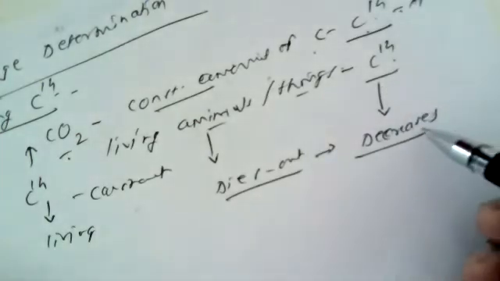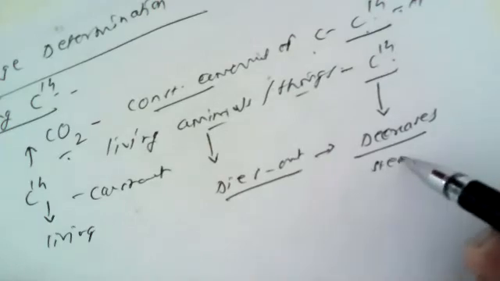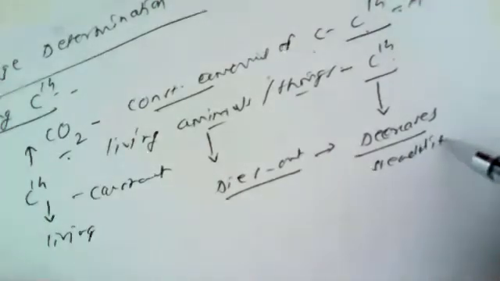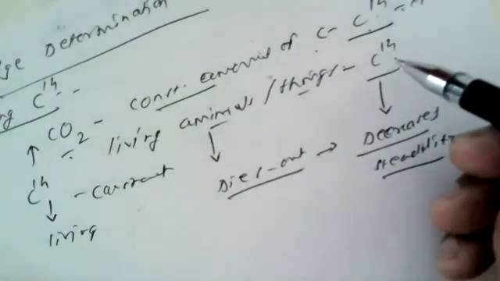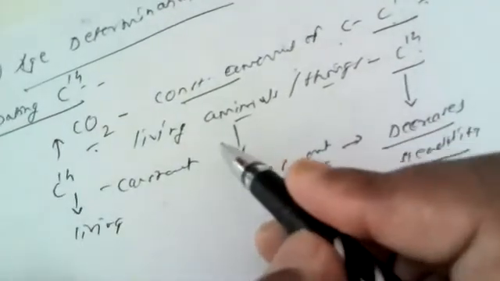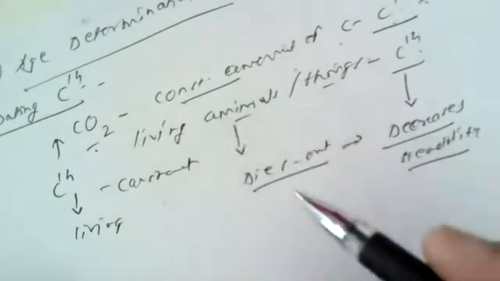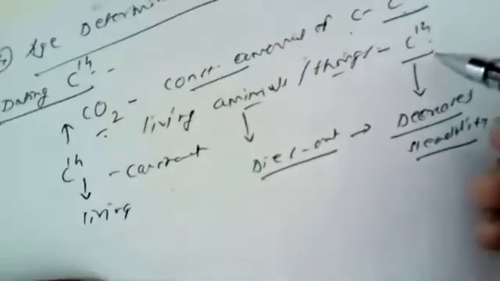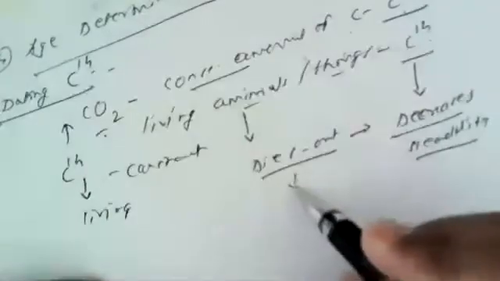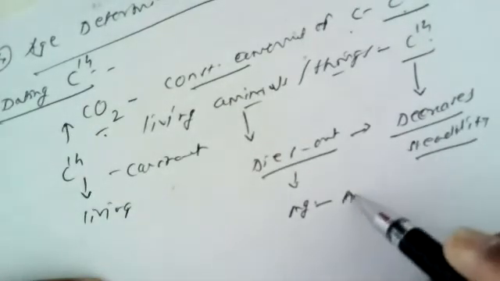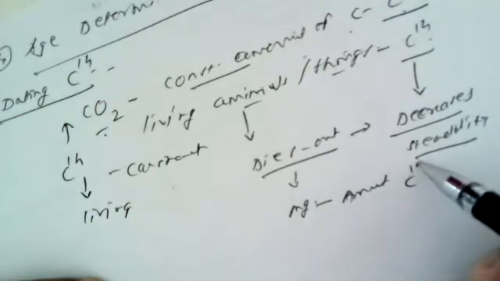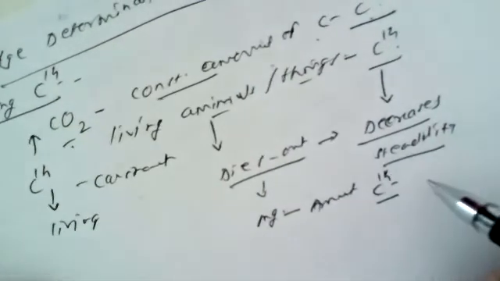The amount starts to decay. So a sample of the dead body of a plant or animal is taken in milligram quantity, and the amount of carbon-14 is measured.